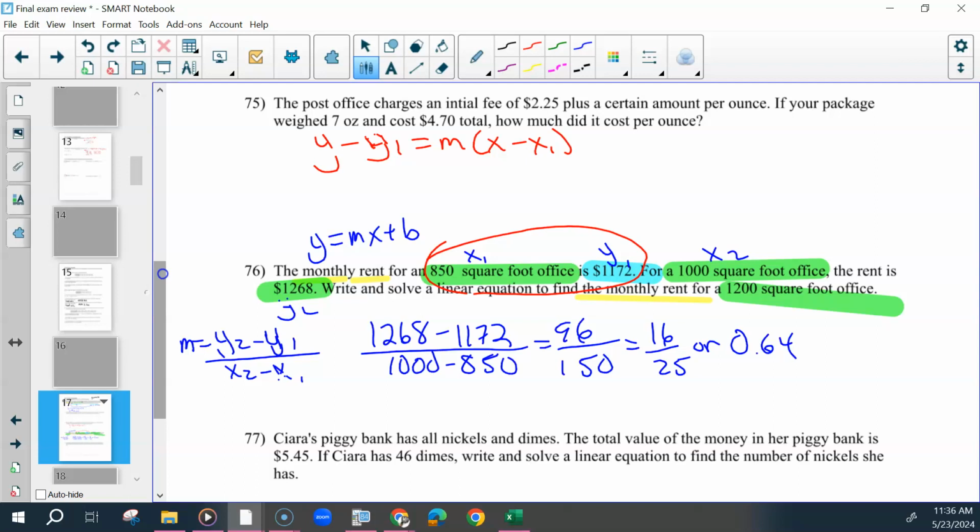And then I'm going to take my slope, my x1, my y1, and I'm going to put everything into the equation. My y1 would be 1172. My slope, I'm just going to use the decimal. And then x minus my x1 equals.